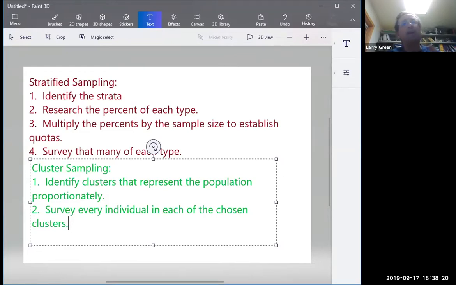Let me give you another example of cluster sampling that's done often. Let's suppose you are a manager at a restaurant, and you want to find out how much does the average person tip? Because you want to advertise that to your wait staff. So then you might cluster by time.